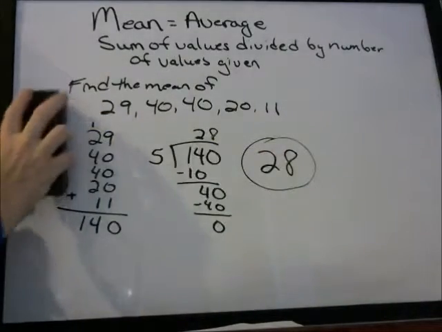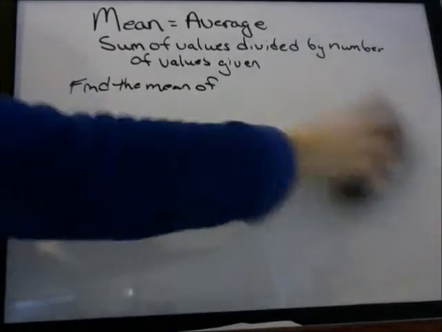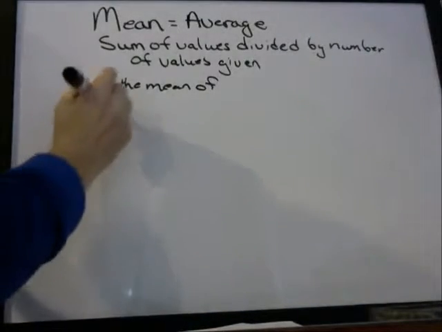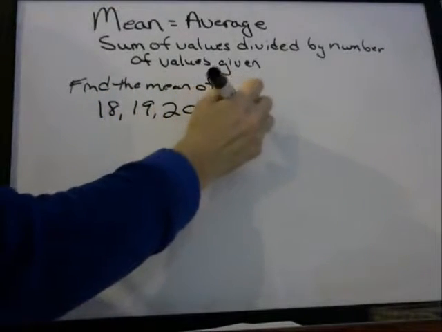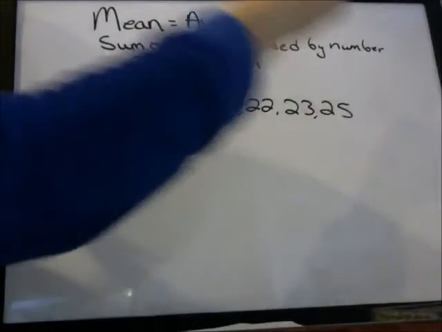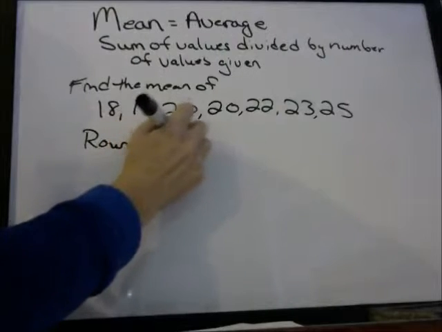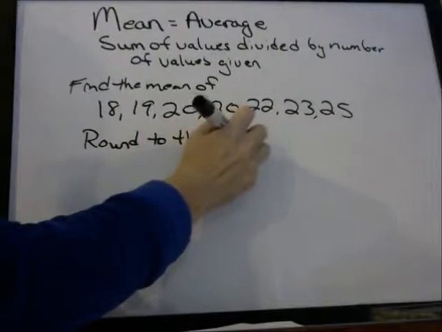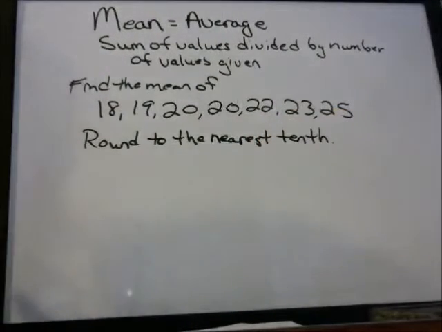We'll do another problem. Let's find the mean of 18, 19, 20, 20, 22, 23, 25. And we're going to round to the nearest tenth. So again, finding the mean, we're going to do the exact same thing every time.